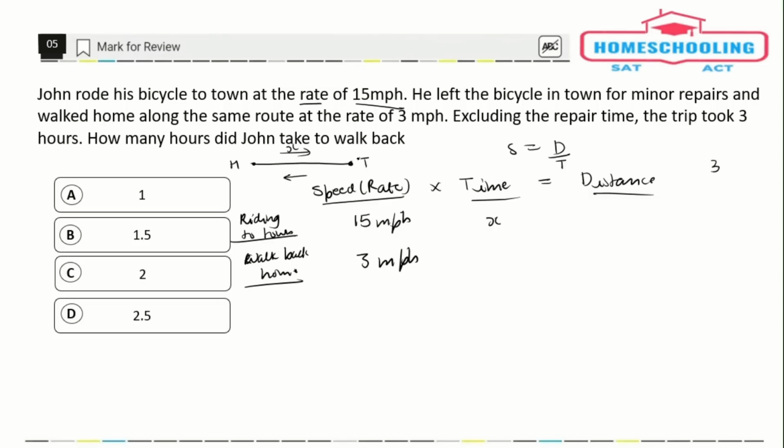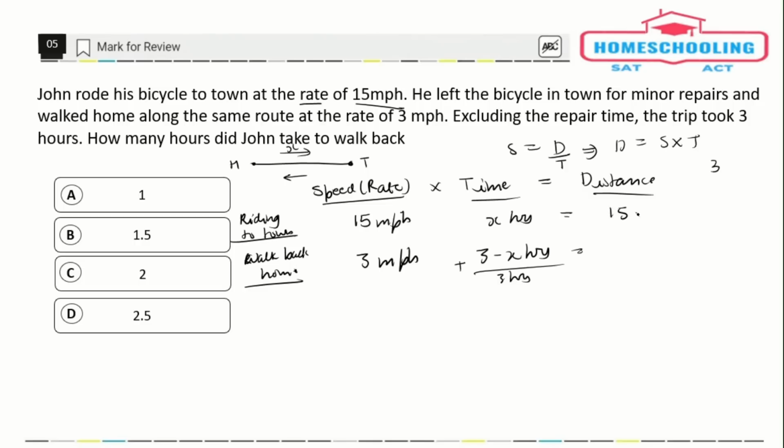So if we take this distance covered in x hours, this one would be 3 minus x hours, and if we add them, this will be 3 hours, because x and minus x would get cancelled. Now, from this formula we can say that distance is equal to speed into time.